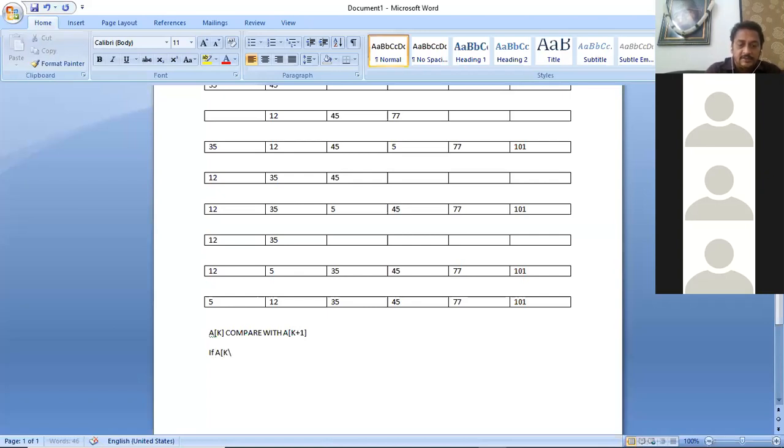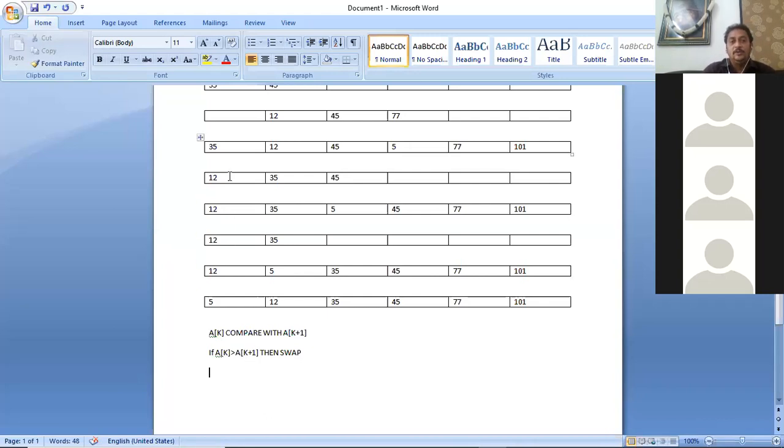If a of k is greater than a of k plus 1, then swap. Okay, so this is the comparison we made.